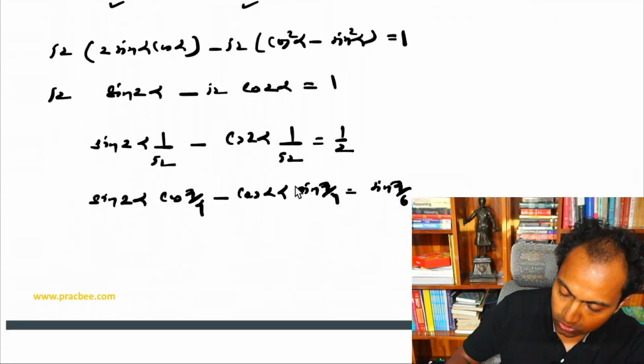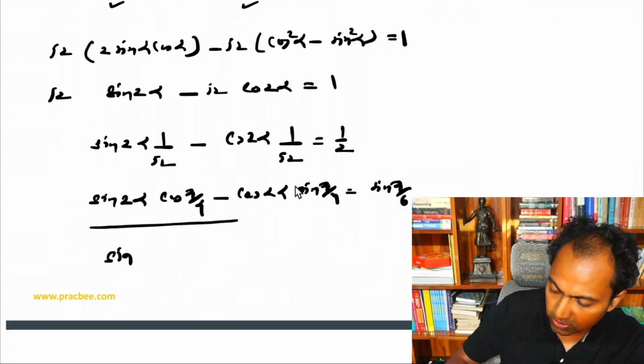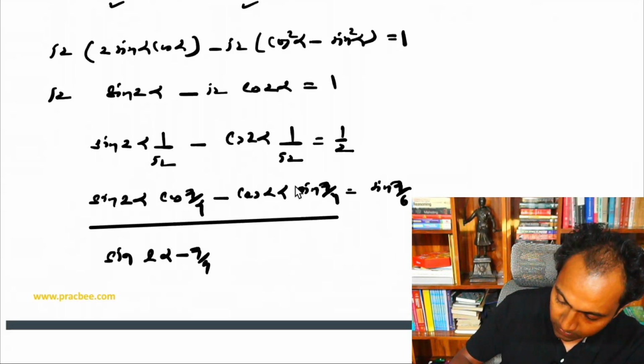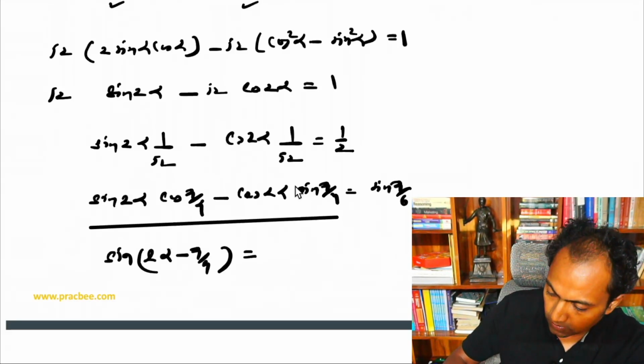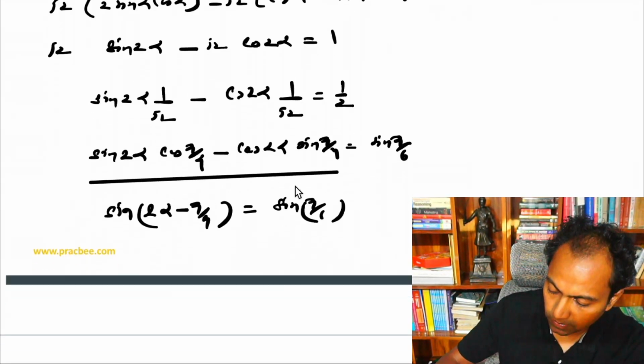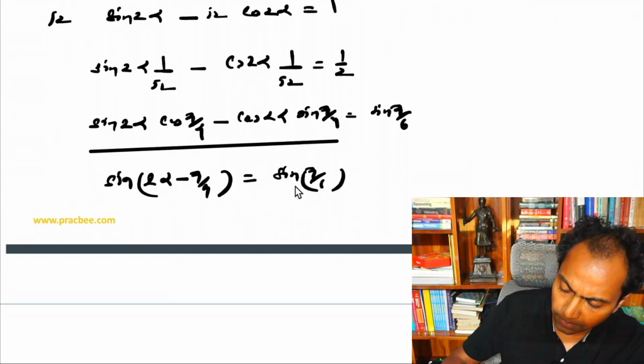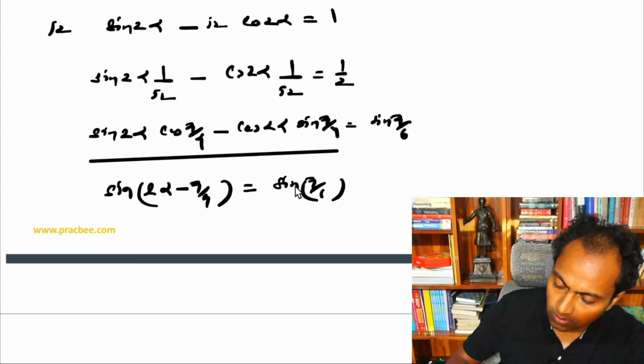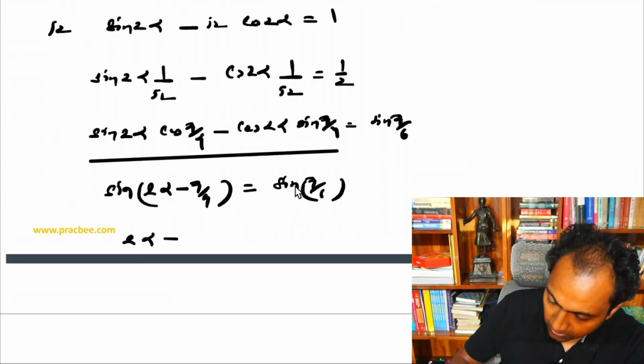And the answer to this question is now quite evident, because this is the formula of sin of a minus b. So 2 alpha minus pi by 4 is equal to sin pi by 6. If we just compare the values, though we could have taken other values as well, let us see what the possible values are. One value that we can write is pi by 6.